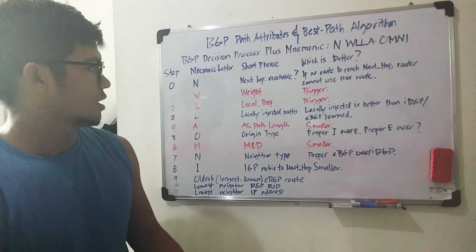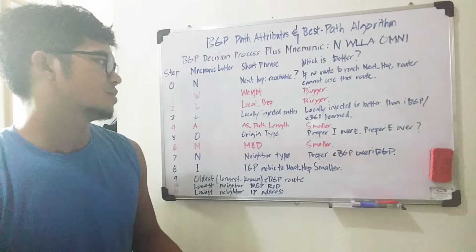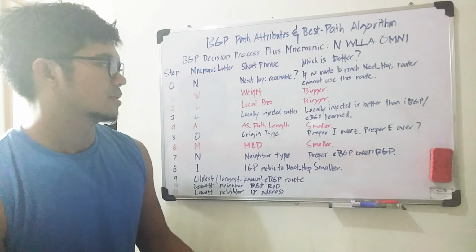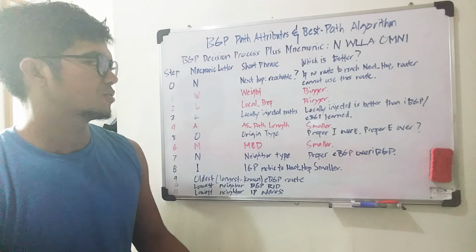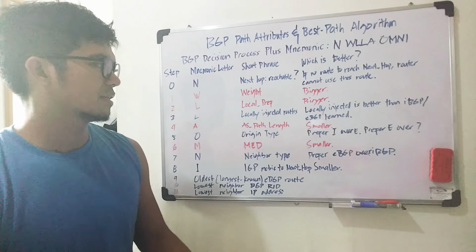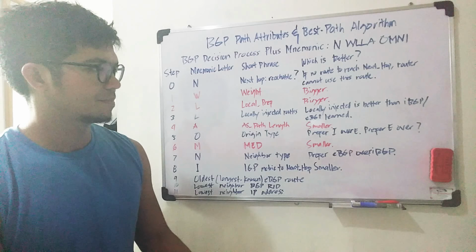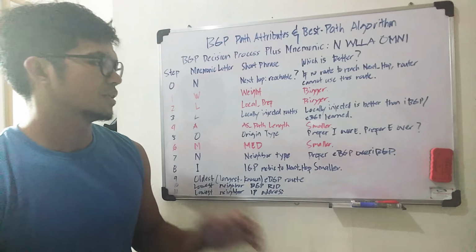And AS path length, usually, is used to influence inbound traffic. So you will apply it outbound to influence the inbound traffic.